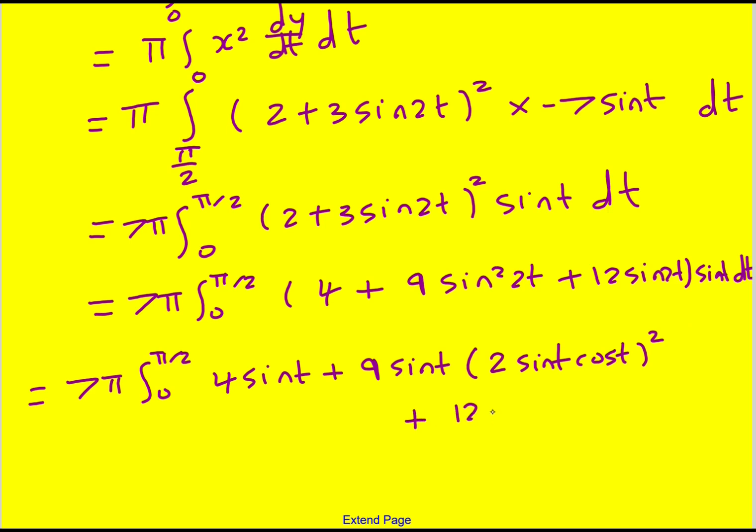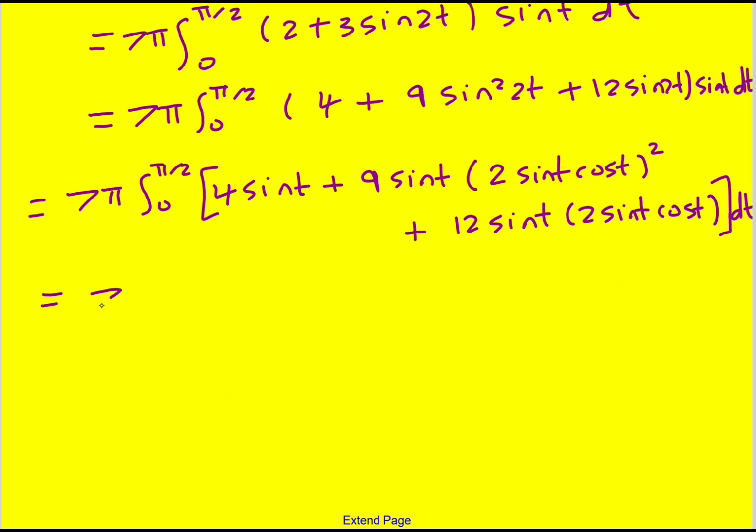Then plus 12 sine t times 2 sine t cos t. Okay, 4 sine t plus 36.